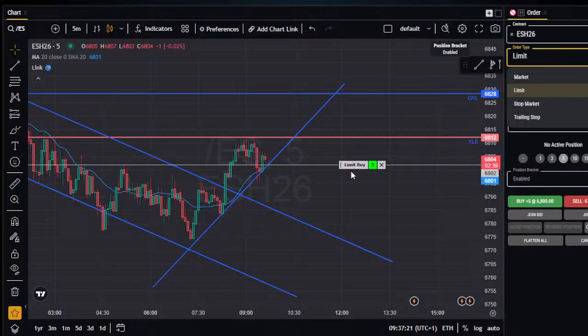I don't want to enter above this bar. Order filled.